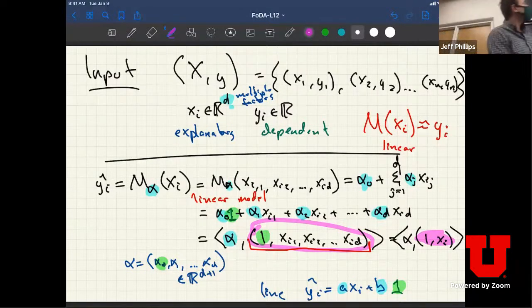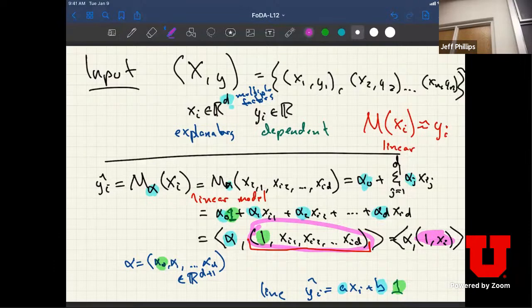Okay. So there's a lot that's written up here. Hopefully all the steps individually were pretty simple, right? Our model, we're going to pass as the input this vector xi, which has d coordinates. We're going to convert it into d plus 1 coordinates with the extra 1 here, and then this model is going to be encoded as a dot product.